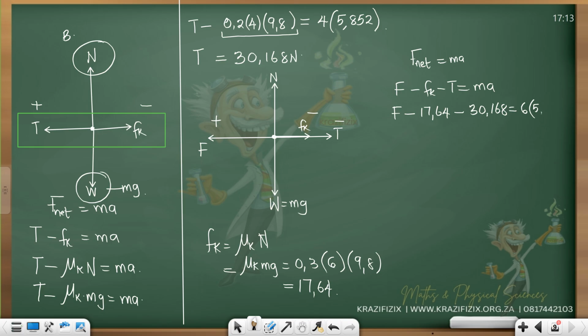And acceleration, we have 5.852, which allows me to now do my calculation. Plus 6. All right, lovely. Then we can put that in a calculator. 13.248. Let me do my calculation again.